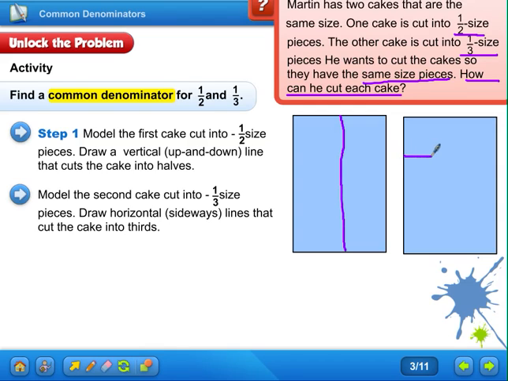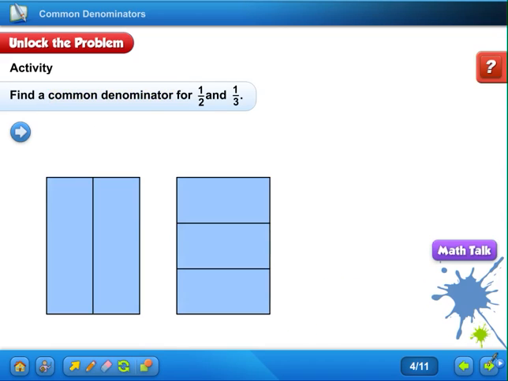So, that's a pretty good line. All right. So now we have our half, 1/2, and we have 1/3. 1/3 right here and 1/2 right here. All right.